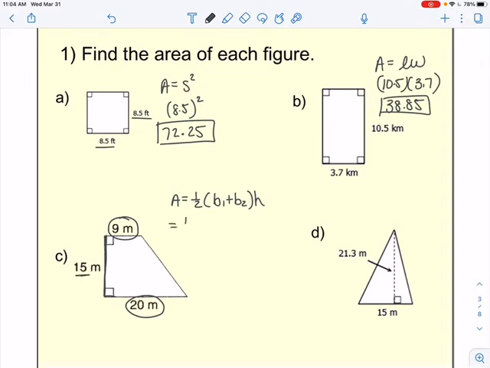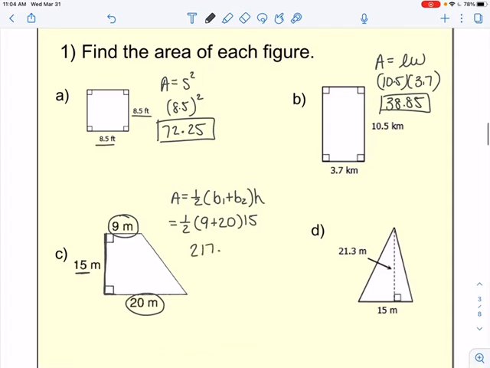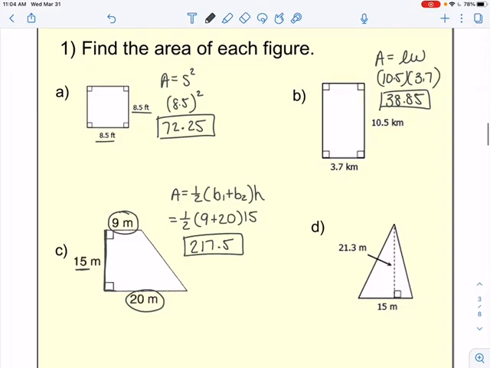So I'm going to have 1/2 of 9 plus 20 times 15. You can stick that all into the calculator at once. When you do that, you should get an answer of 217.5.